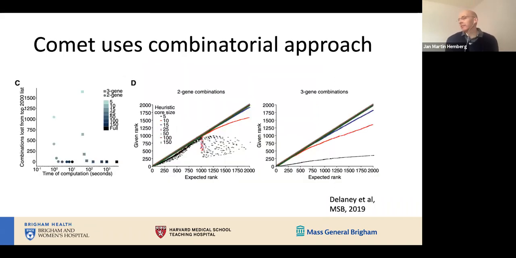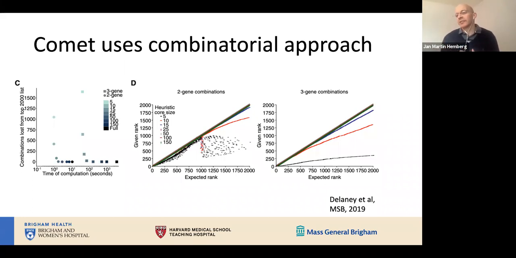Pretty much all clustering packages will get you a list of marker genes for each of your clusters. There are, of course, specialized methods for finding marker genes. One such method is called Comet. And unlike what most clustering packages do, which is just look at each gene individually, it uses a combinatorial approach to try to find the best set of genes that will represent each cell type.